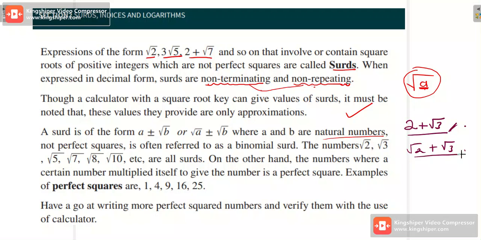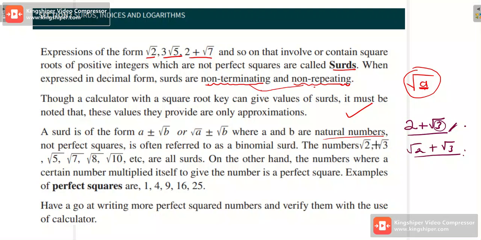All these are surds, where a and b are natural numbers and not perfect squares. This is often referred to as a binomial surd. Binomial means two, so a surd containing two terms.